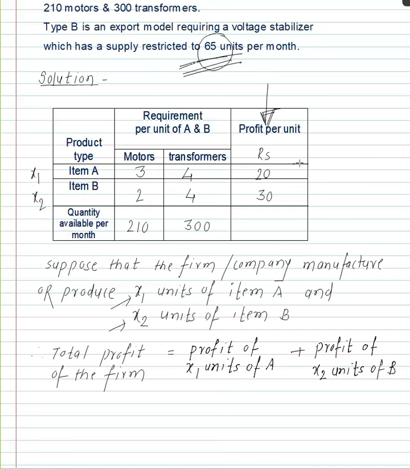Now it is given that profit on 1 unit of item A is rupees 20. Therefore, profit on x1 units of item A will be 20 into x1.